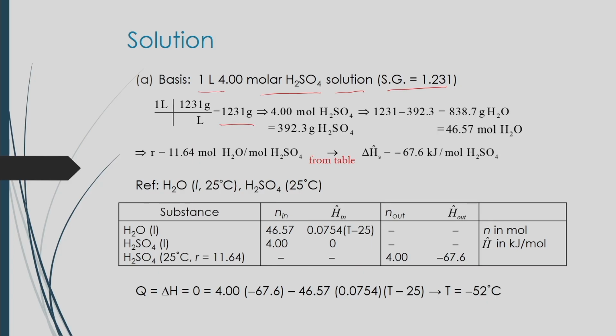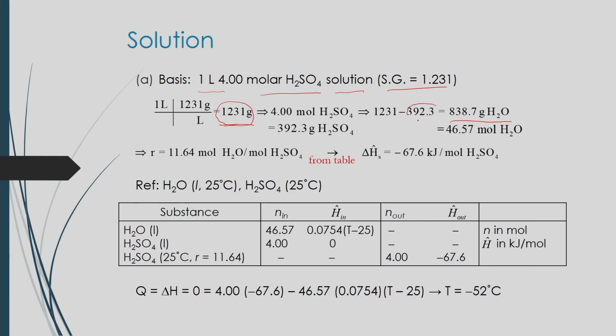So, what should be the density of that solution? It will be simply 1231 gram per liter. In this way you can calculate that the mass of the solution is 1231 gram. Now, in this mass there will be 4 moles of sulfuric acid, so 1231 minus 392.3 will be your total amount of water.